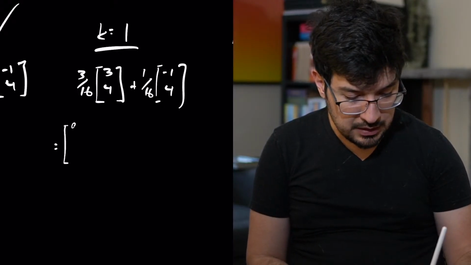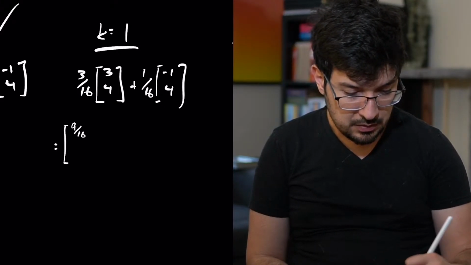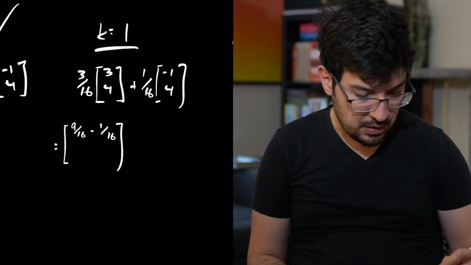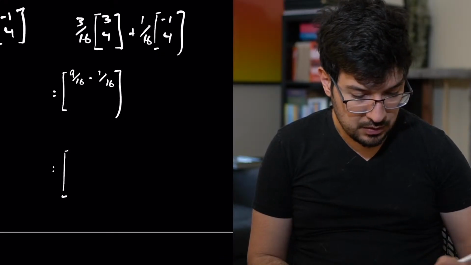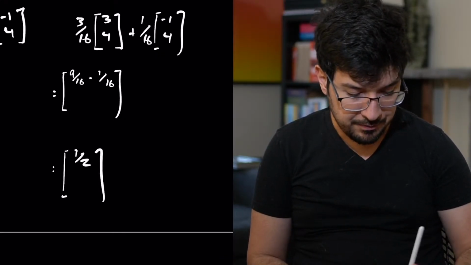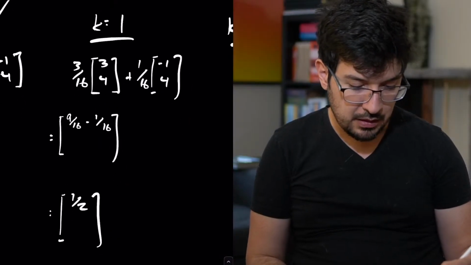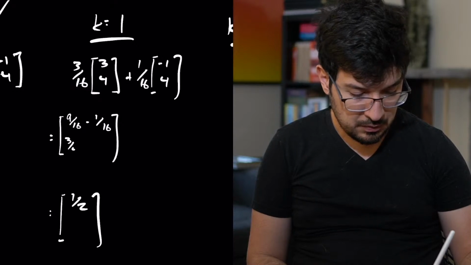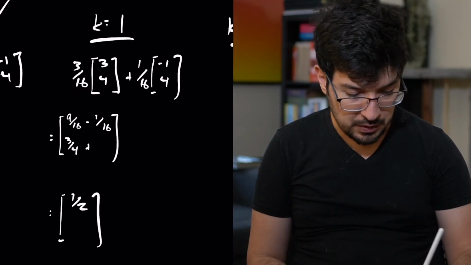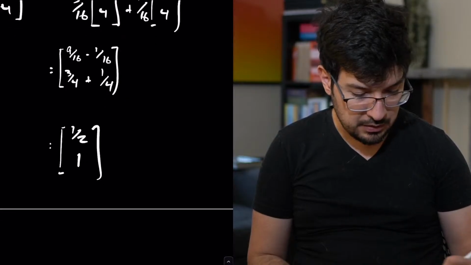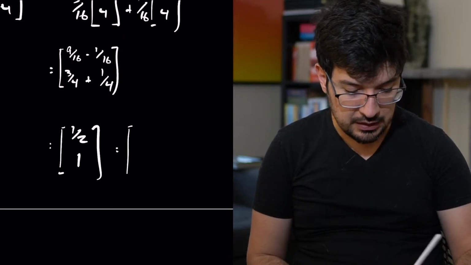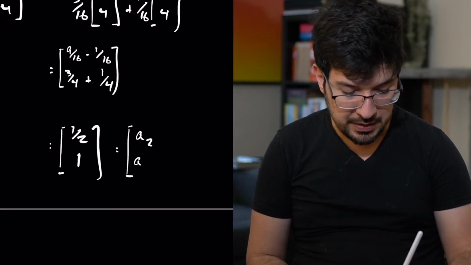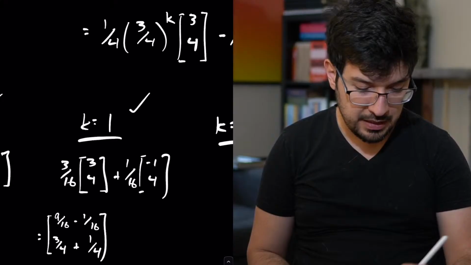Well, this would be 9/16 minus 1/16, which is then 8/16, which is 1/2. In the second component, 3/4 plus 1/4 is 1. And this is indeed A2, A1. So k equals 1 worked.